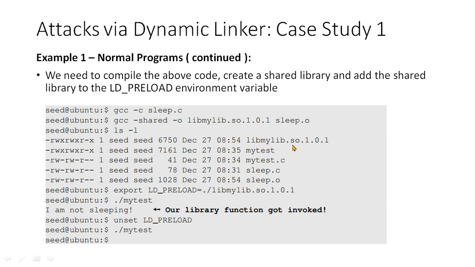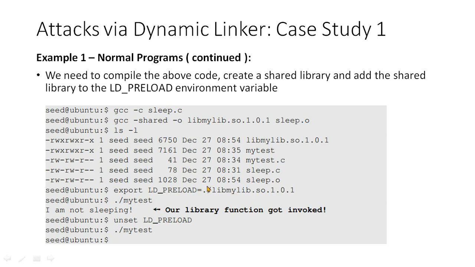Now we cheat the dynamic linker by changing the value of the preload variable. We change the LD_PRELOAD variable to point to libmylib.so, and we export it. LD_PRELOAD here is just a shell variable, but when we export it, this shell variable will be inherited by the child process.